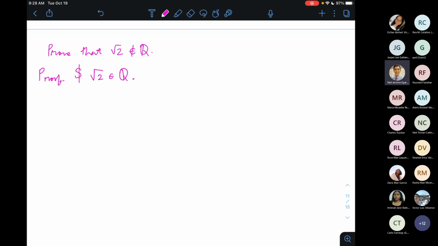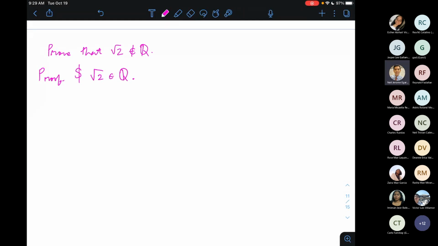Wait lang po, nag-iisip po. Okay, nag-iisip ka pa. Okay, how about Kiefer? Sir, ano po? Yes, go Mary. Ayun po, pwede po tayong mag-let na parang i-express po siya as ratio of two integers po.